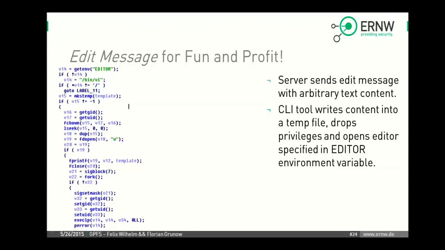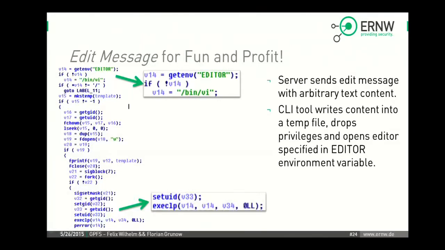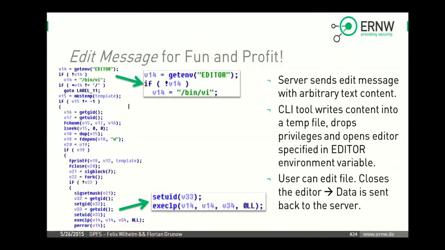You can see that right here. We have the environment variable. If this is not set, it drops to vi. Then it drops privileges and executes the editor with the text that we are sending over the network.